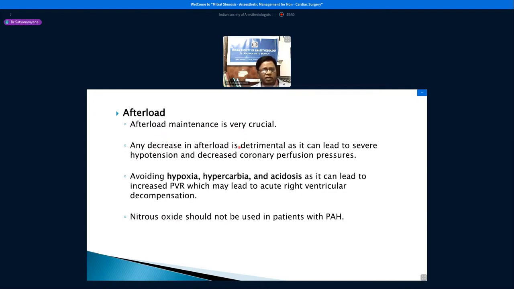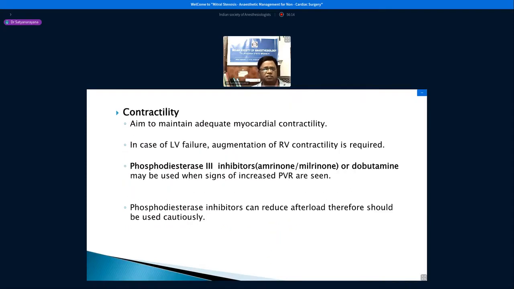Any decrease in afterload is detrimental; it can lead to severe hypotension and decreased coronary perfusion pressure also. So avoid hypoxia, hypercarbia, and acidosis, because they can lead to increased pulmonary vascular resistance that may lead to acute right ventricular decompensation. Nitrous oxide per se is not a contraindication in mild cases, but in cases with already increased pulmonary arterial hypertension, it is better to avoid because it increases the pulmonary vascular resistance.